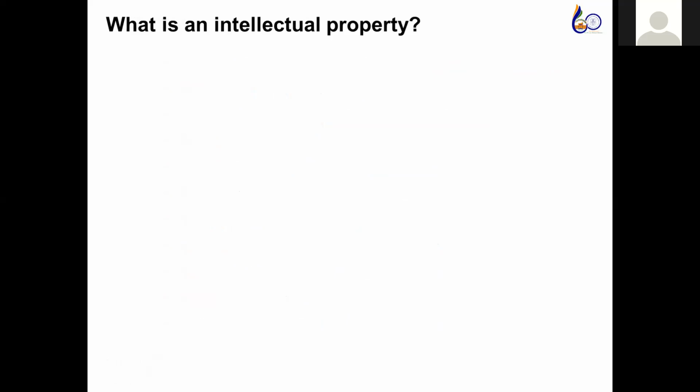What is an intellectual property? Intellectual, as you know, is related to our brain. Property is something that we possess. It could be a house, or it could be an idea, anything. So intellectual property is the thing generated from your brain.